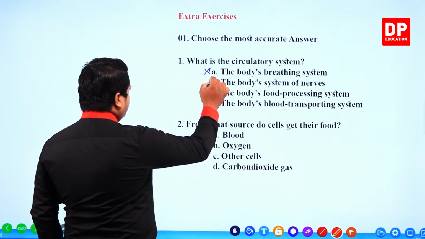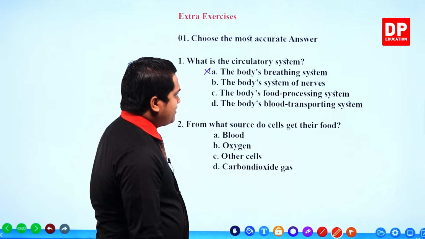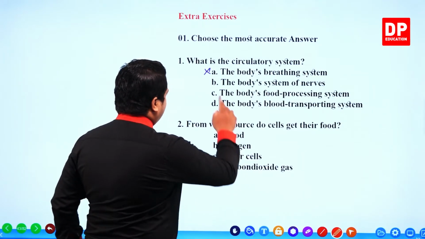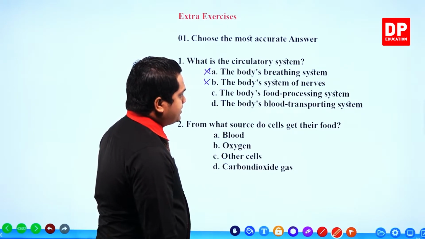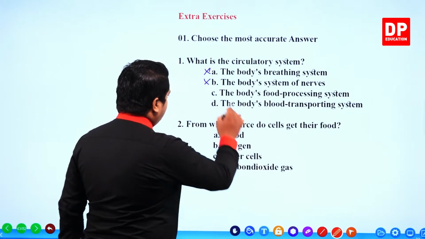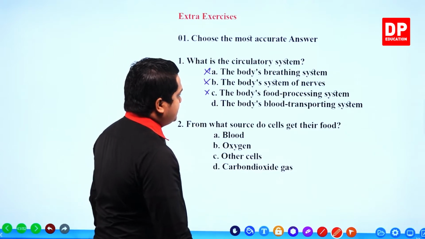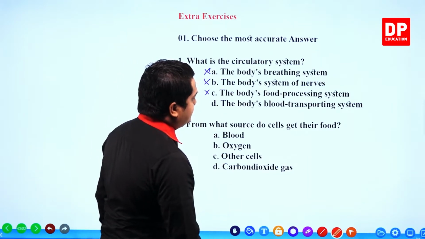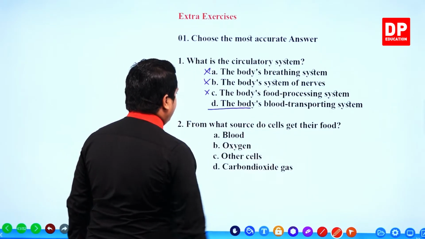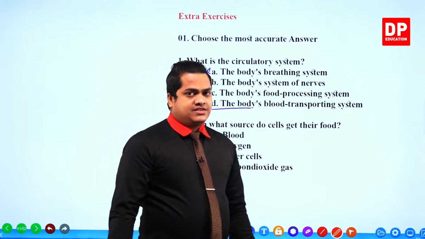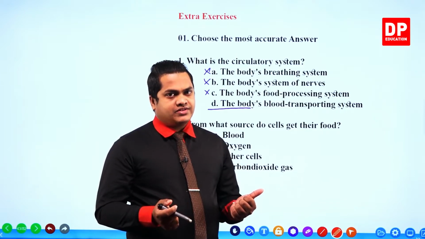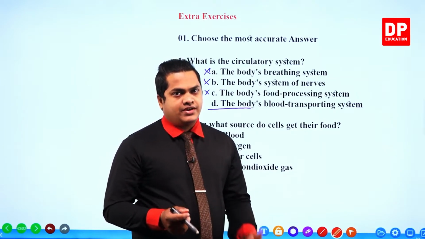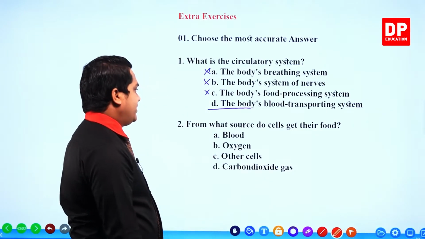The body's system of nerves? No, it's not the system of nerves. The body's food processing system? No. The body's blood transporting system. Yes, my dear children. The blood transporting system is the one referred to as the blood circulatory system. Quite obvious.